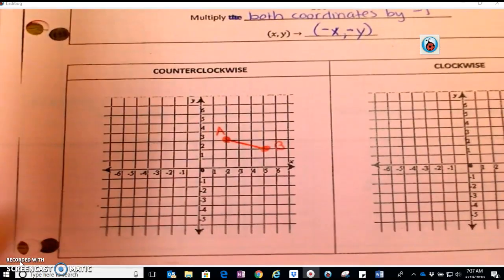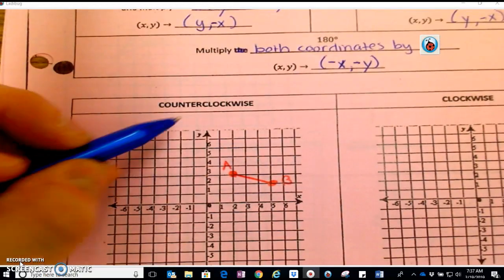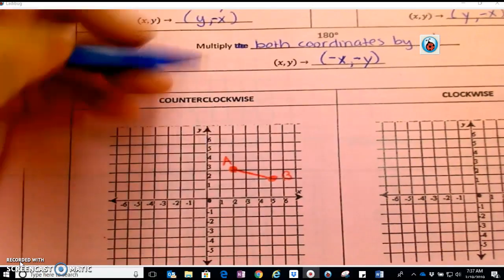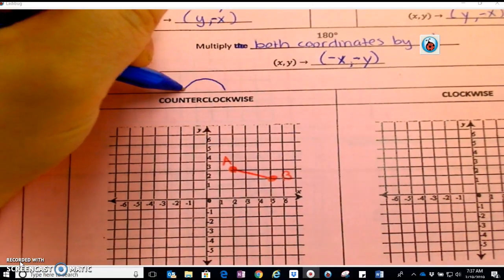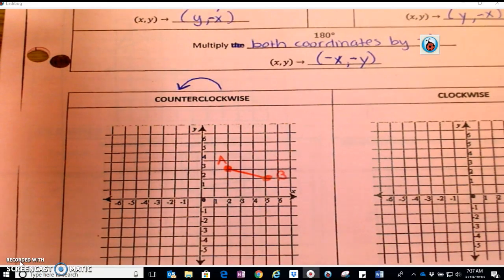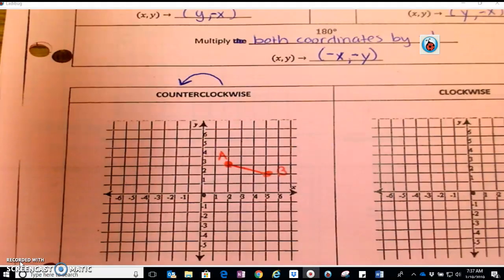Okay, so if I wanted to do a 90 degrees counterclockwise, that means I'm going to go to the left. And you will see me drawing these arrows frequently because I always have to remember which way I'm turning.